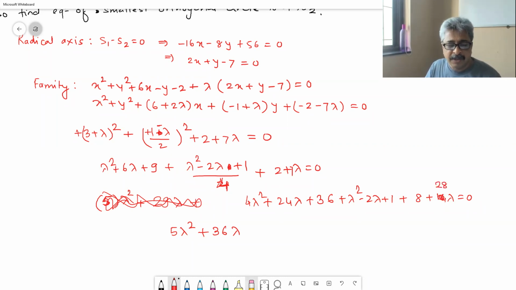Therefore, what is this lambda then? I should not perform this type of calculations when recording also. Anyway, 24 minus 2 is 22, plus 28 is 50. 37 and 8 is 45.